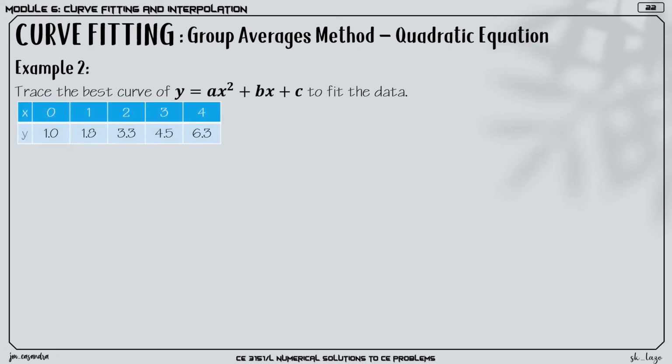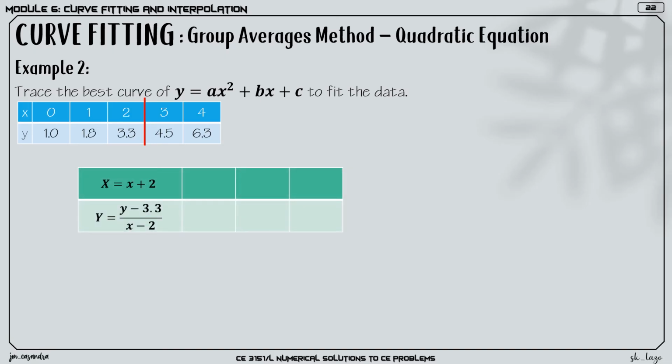From there, we divide our given points into two sections. We have 3:2 as our division. For the first group, the new variable x is equal to x plus 2, so we have 2, 3, and 4.